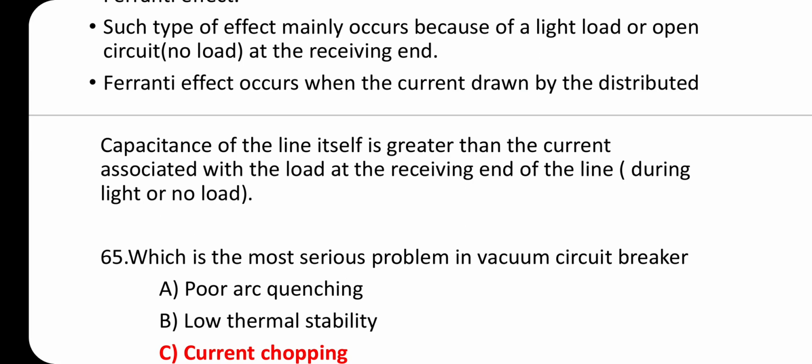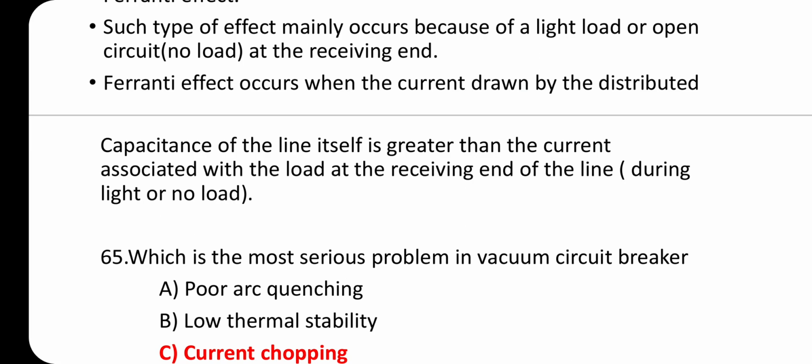Thus, both the capacitance and inductance of the transmission line are equally responsible for this phenomenon, and hence Ferranti effect is negligible in the case of a short transmission line, as the capacitance of such a line is practically not considered. In general, for a 300 km line operating at a frequency of 50 Hz, the no-load receiving end voltage has been found to be 5% higher than the sending end voltage. Ferranti effect is not a problem for a short transmission line because there is no capacitance effect.